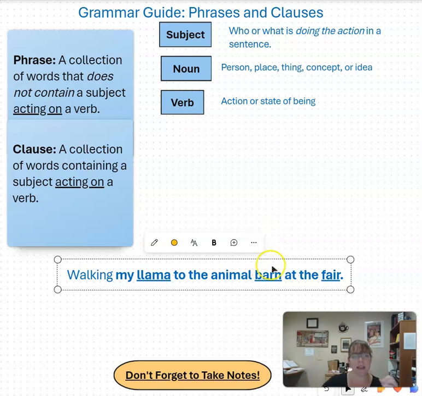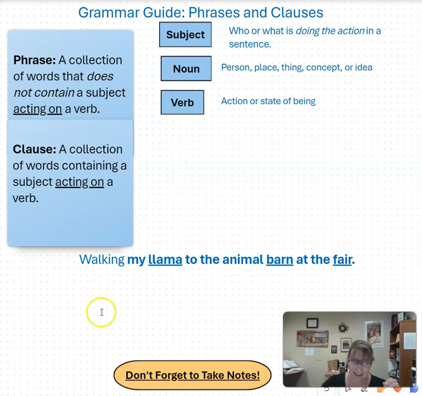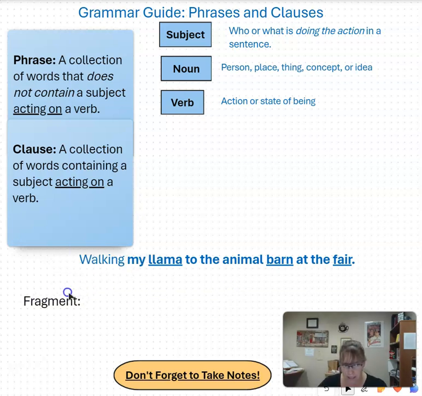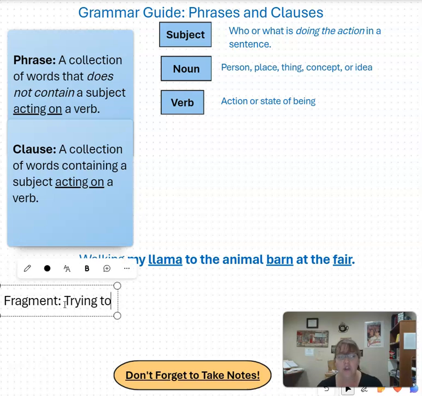Okay, this is the major place we need to start because a lot of people accidentally end up writing what's called sentence fragments. Okay, a sentence fragment, don't forget to take your notes here, okay? A sentence fragment is trying to be a sentence.